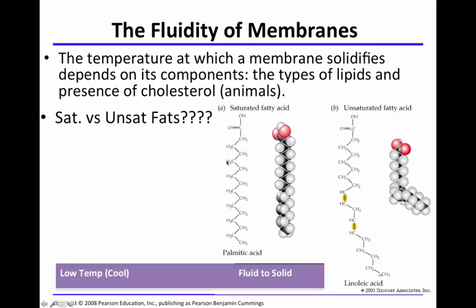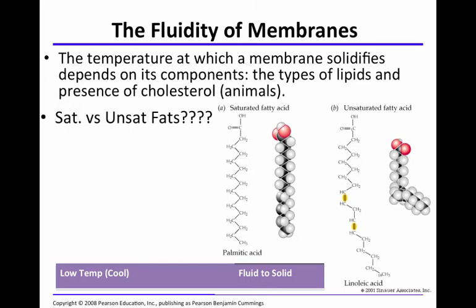At low temperatures, think about this: as the temperature cools, membranes will begin to switch from a fluid state to a solid state. We're not talking about membranes that have cholesterol, as animals do.